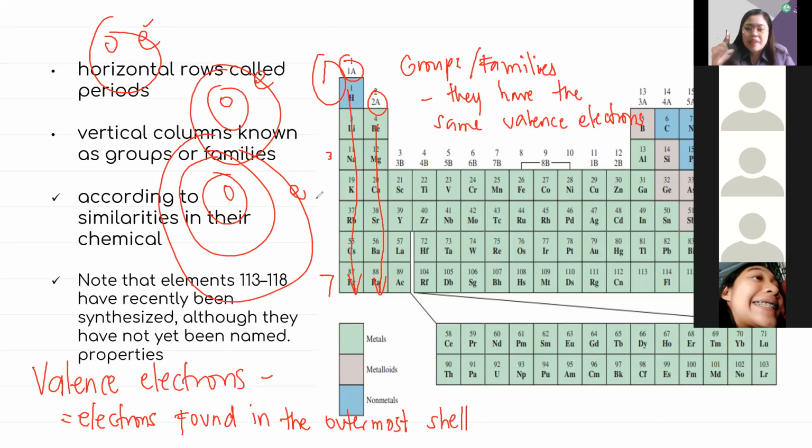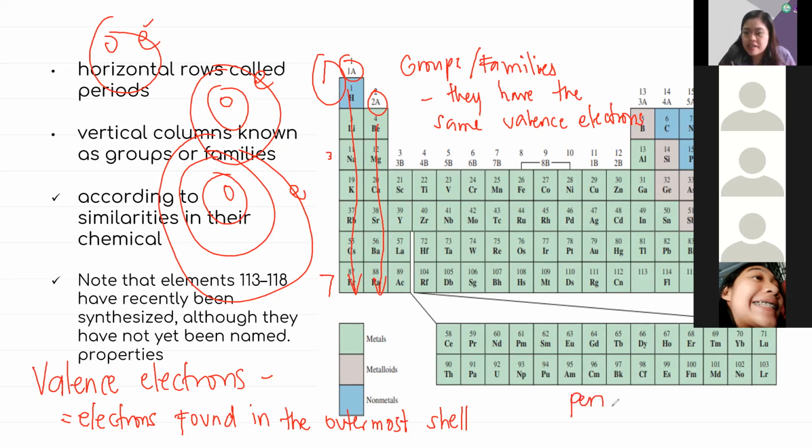So yan yung sinasabi ko na yung mga groups natin or families sa periodic table, ang similarity nila, they have the same number of electrons found in their outermost shell, or we call that valence electrons. So I hope nasabtan ninyo to unsa ang gina-represent ni period, unsa ang gina-represent ni groups or families.